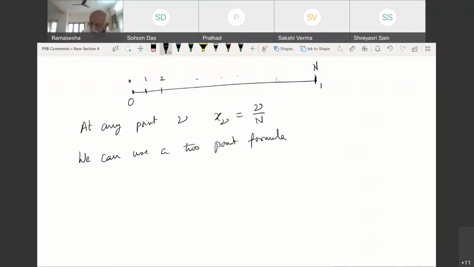I have 0 and 1, and I'll write the integral from 0 to 1 as approximately half of f of 0 plus f of 1 into 1. So I have a function that I want to integrate.